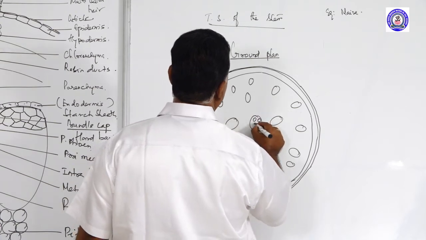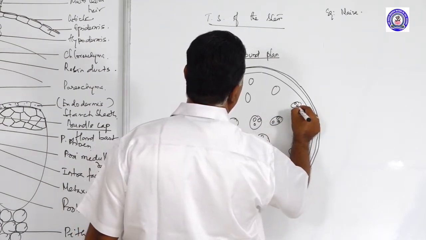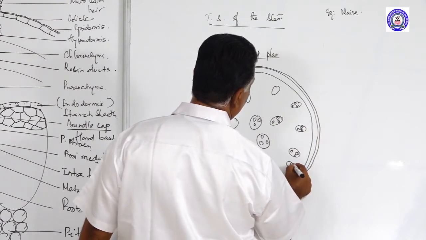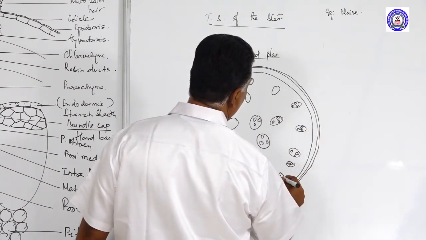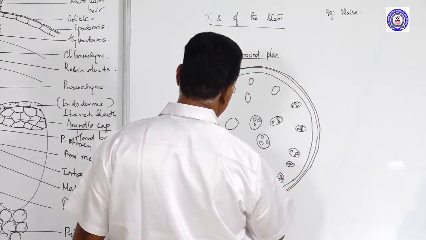These vascular bundles are skull-shaped vascular bundles, and in the ground plan we cannot see the details very well. When we go for a sector enlarge, we will see all that.